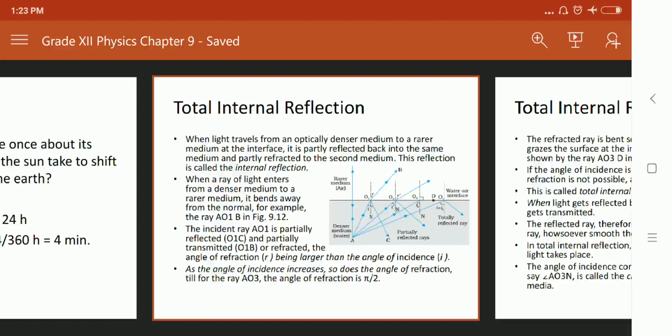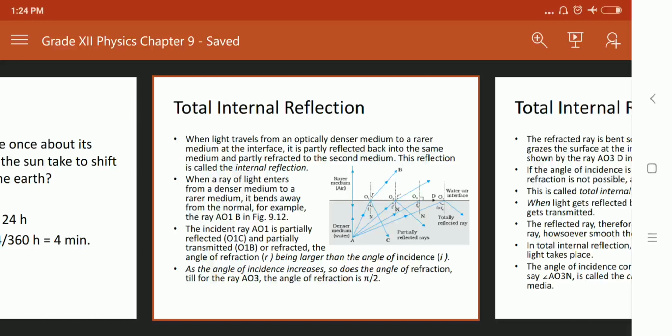Now even though we are increasing the incident angle along the path AO4, as we can see here, all the wave is reflected back in the same denser medium. No wave is refracted into the air. So this is known as total internal reflection, in which refraction is not available, and that particular angle at which refraction is not available is known as the critical angle.